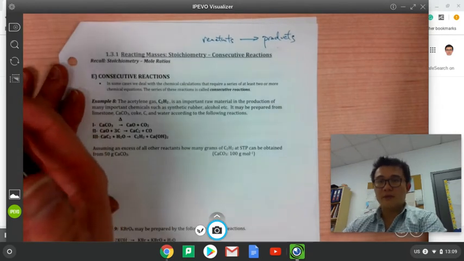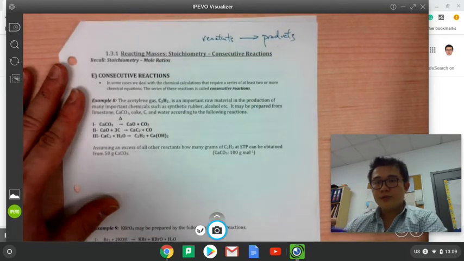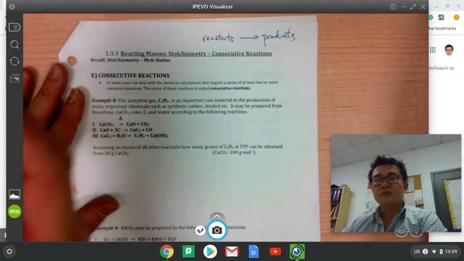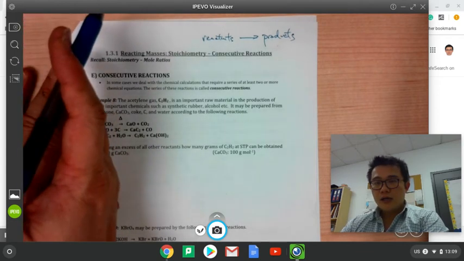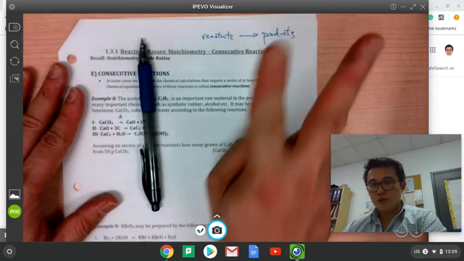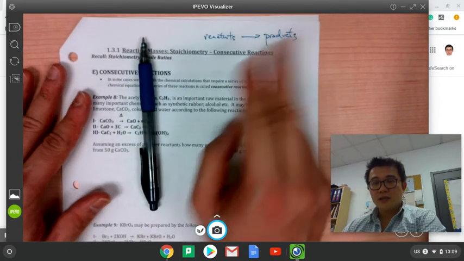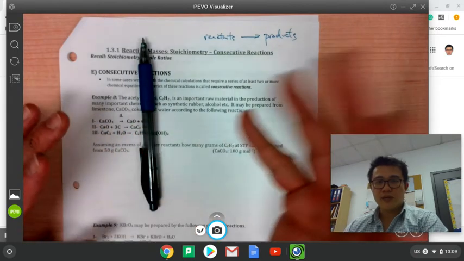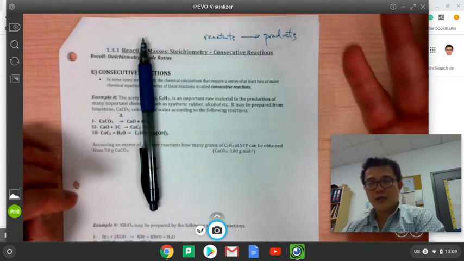So, for example, for you biology students, recently you're learning things like cellular respiration, where you have one glucose going to two pyruvate, and then your pyruvate goes through another set of reactions that creates other stuff.